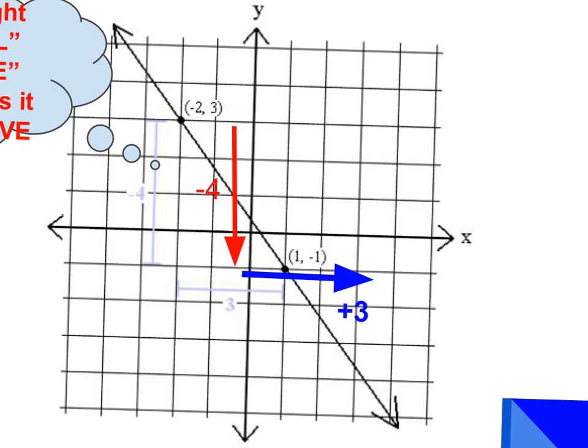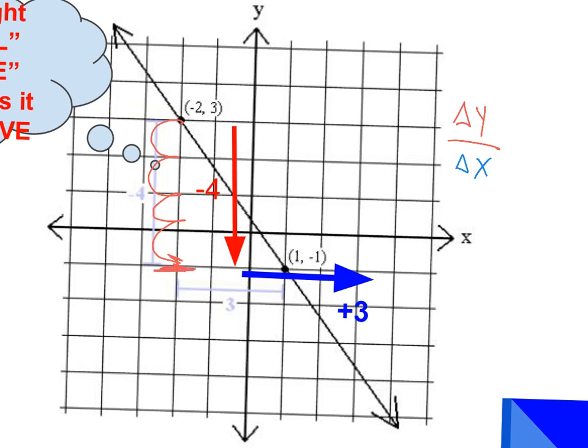From this point to that point, which is the next point that I can see, the change of y, because remember, slope is change of y over change of x. The change of y is that I went down 1, 2, 3, 4 units.